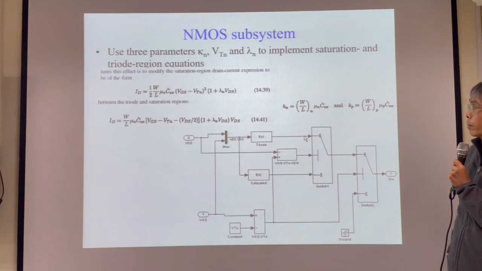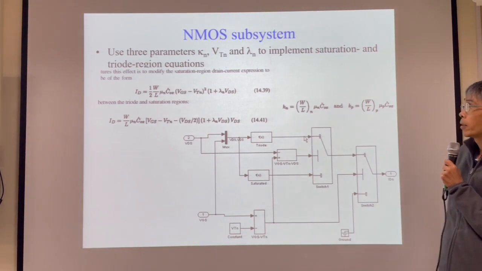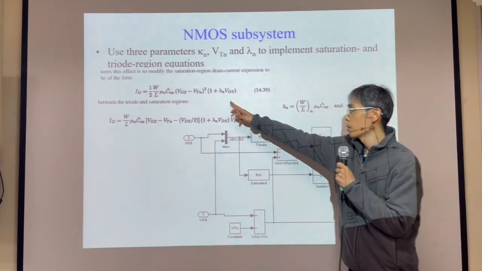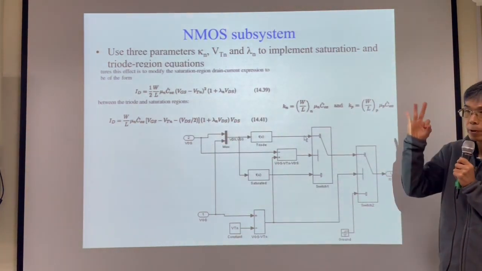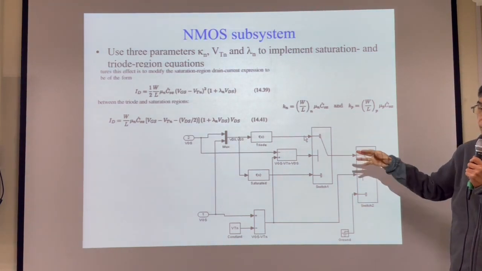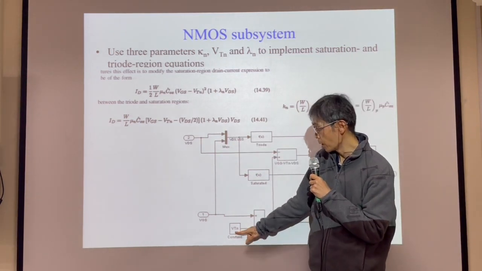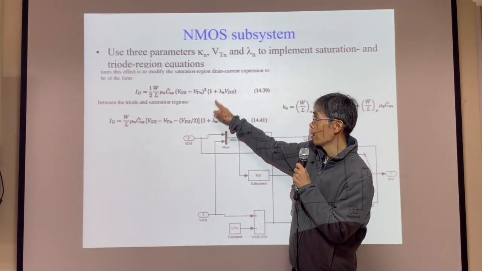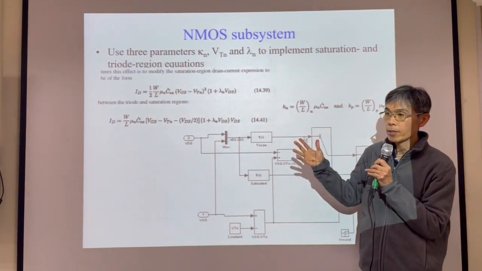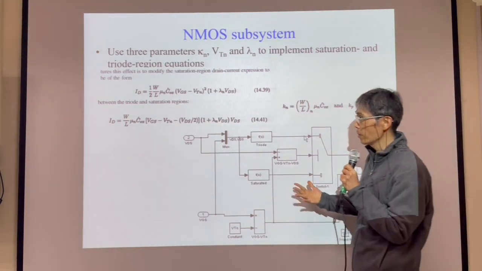Use 3 parameters, kappa N, VTN and lambda N, to implement the saturation and triode region equations. Yeah, you need these 3 parameters for this processing technology. The fabrication provider needs to give you their VTN, their lambda N, and their kappa N. It depends on your fabrication technology. But okay.